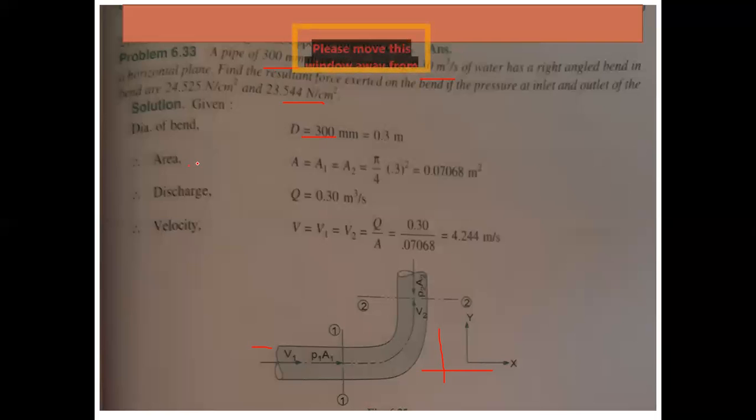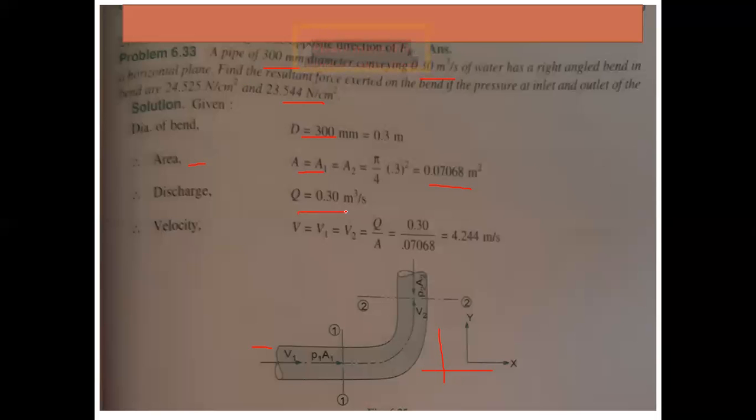Then what is the area? After knowing the diameter, find the area. The area is the same because the diameter is the same. So area a1 is equal to a2, that is pi d square by 4, that is pi by 4 into 0.3 square. Then what is the discharge? Q is already given, that is 0.30 meter cube per second.